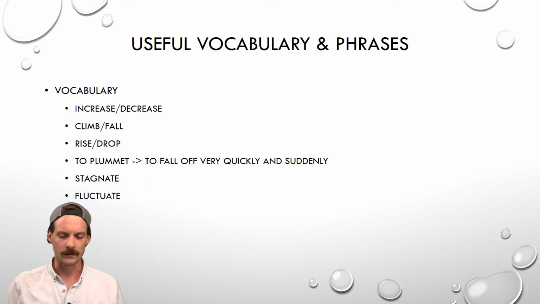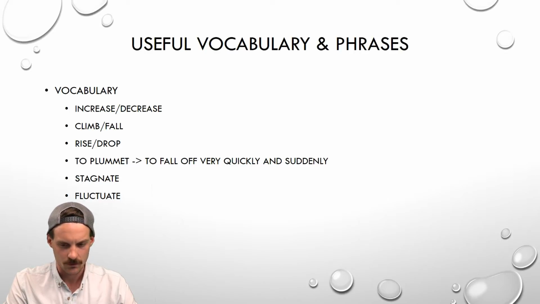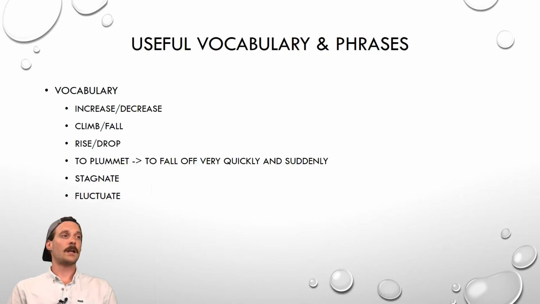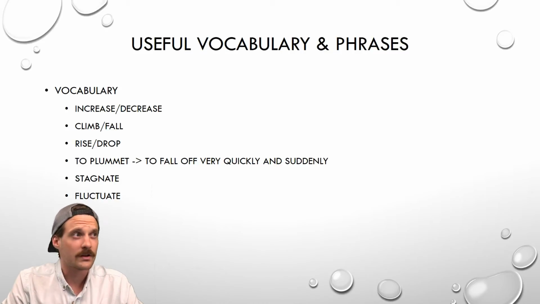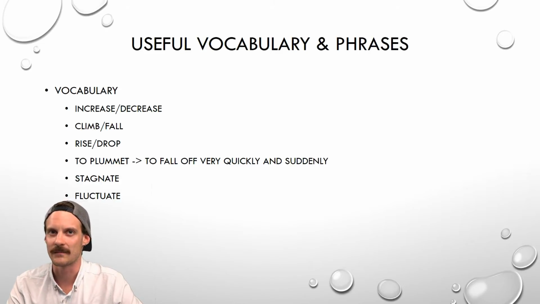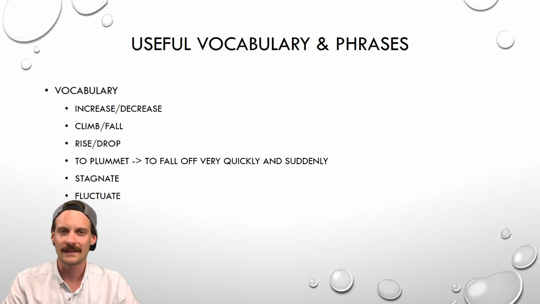We're also gonna discuss other phrases later. So drop is really a bit stronger than decrease. Then we have a really cool word, to plummet, which is to fall off very quickly and suddenly. I think that's one of the terms you should use in your oral exams if you have to describe a chart, table, or statistics.